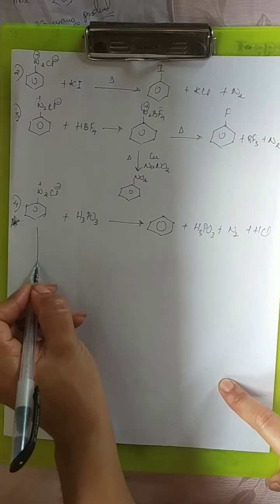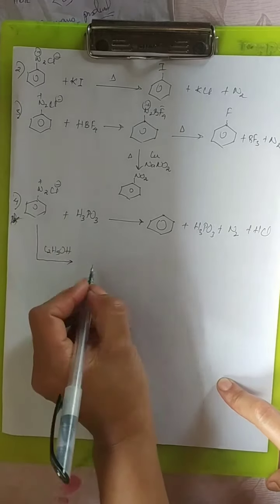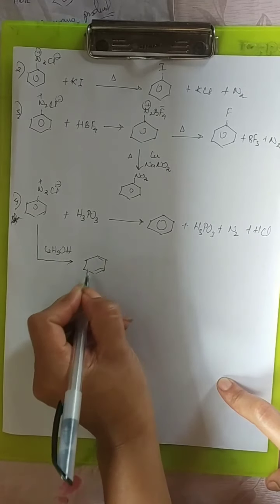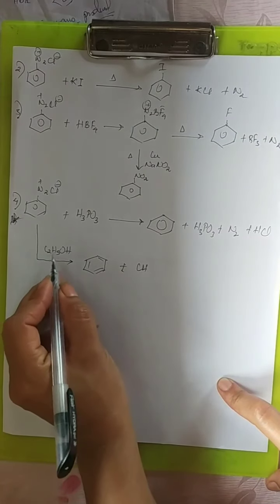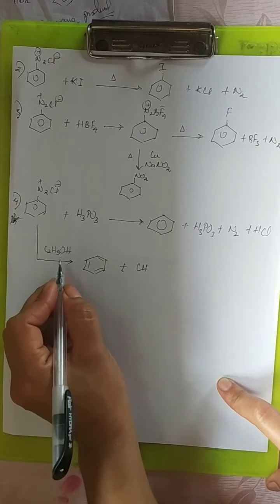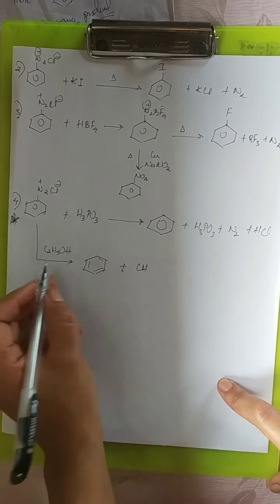The solvent ethanol itself is oxidized and it reduces the benzene diazonium salt. Therefore, we will be getting a replacement by hydrogen, and then it itself is oxidized. When alcohols are oxidized, they change to aldehydes. Therefore, we will be getting here an aldehyde of the alcohol, and then N2 plus HCl.